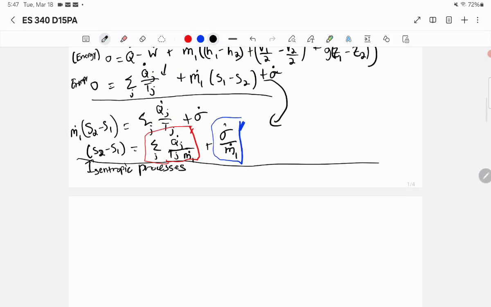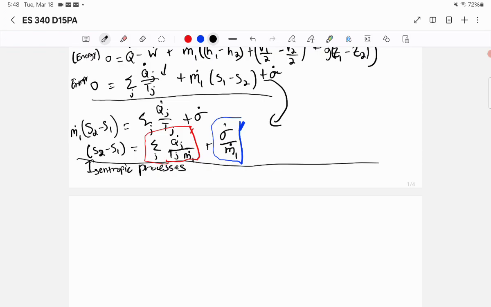Okay. Now, isentropic processes. We've actually seen a number of processes where we hold something constant, right? We have the isothermal type of process where the temperature doesn't change, so that's held constant.